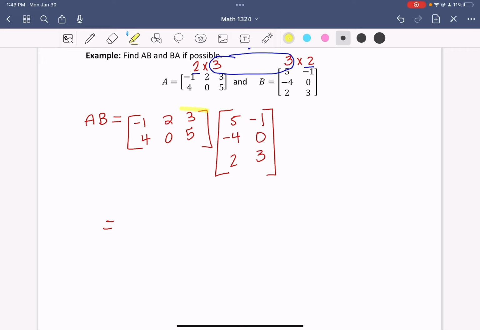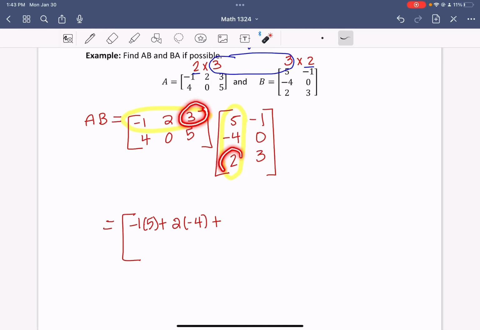You are going to multiply, and I'll use my highlighter with this one, the first row times the first column. What that creates is you do -1 times 5 plus you move to the second piece of this row and the second piece of this column, multiply them. So 2 times -4 plus then you move into this third piece of the row times this third piece of the column.